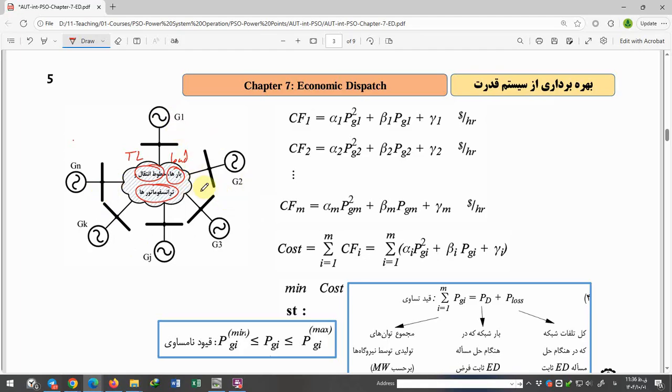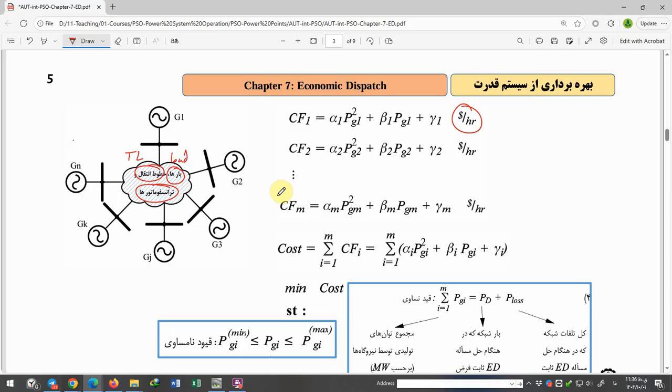The cost function of M generators is the cost function of generator or power plant number 1, number 2, up to number M, alpha 1 Pg1 squared plus beta 1 Pg1 plus gamma 1 in dollar per hour.